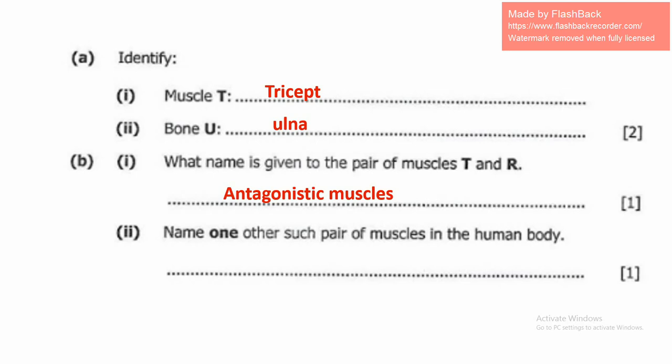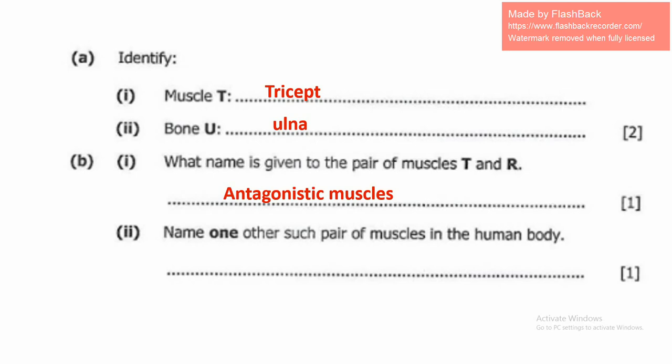Since these two muscles oppose each other, they are called antagonistic muscles. There are a lot of antagonistic pairs of muscles that we have in our body, which we'll look at as we go forward. But question B, number 2, is asking us to name other antagonistic muscles we have in the body.